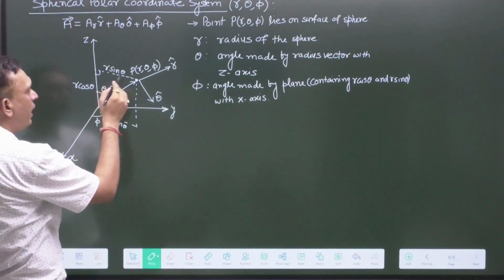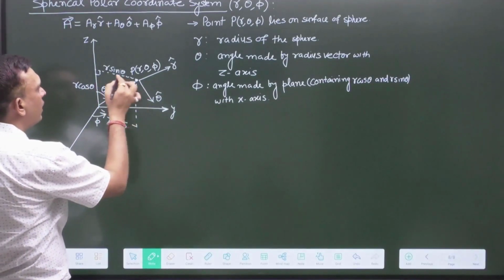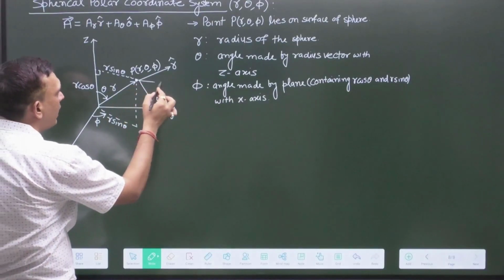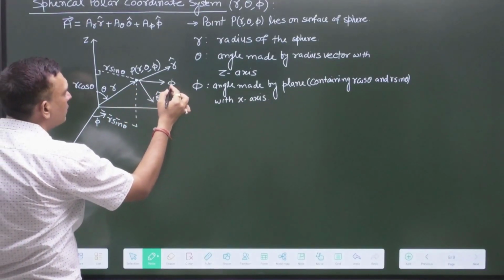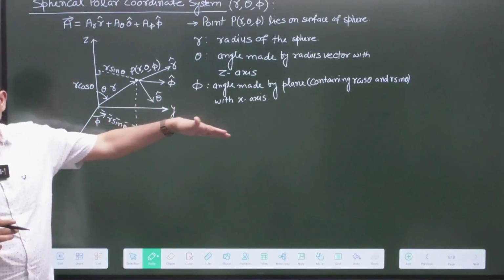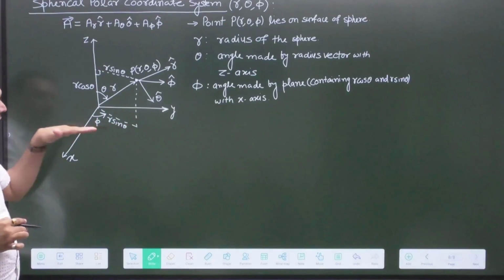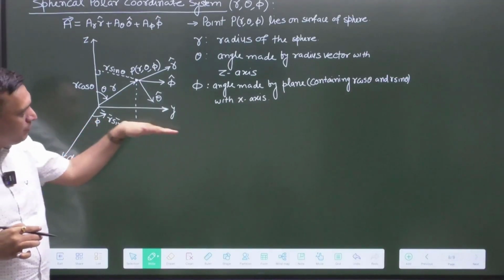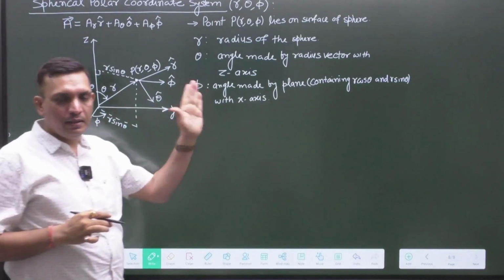And what will be phi? Phi cap is perpendicular to this plane in the increasing direction of phi, because if the plane moves in the phi cap direction, then phi will increase.